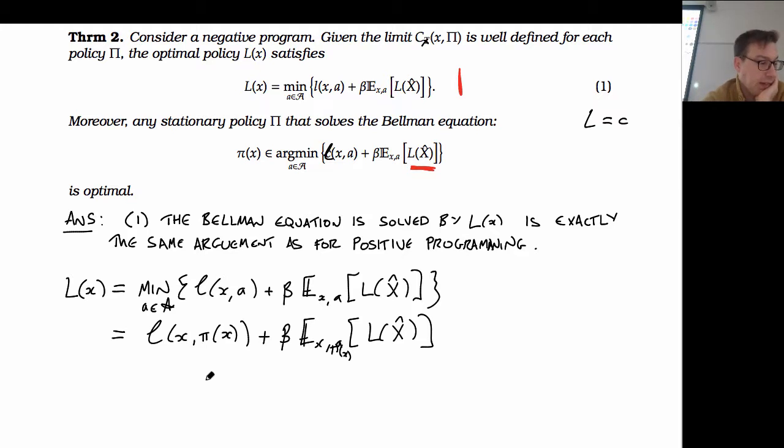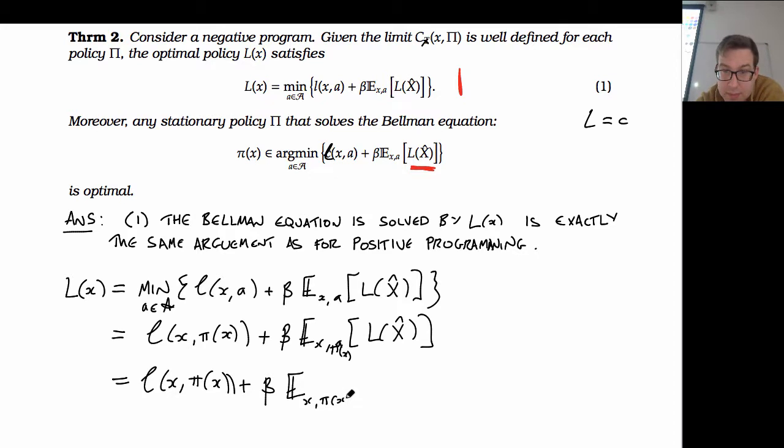All right. Then, what do I normally do when I get to this state? What did I do before? Yeah, substituted it in again. I just keep on going, substituting it, okay? So now I can put in L of x hat, pi of x hat.